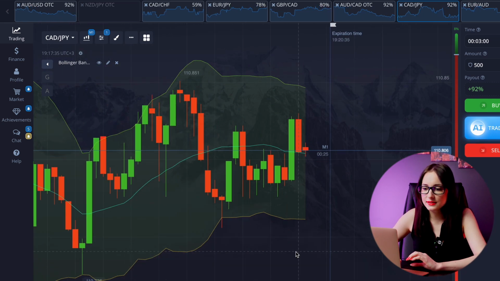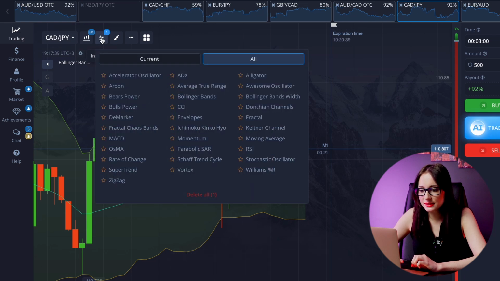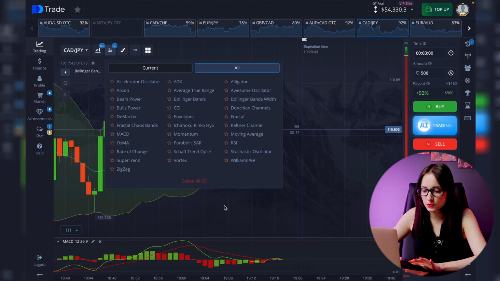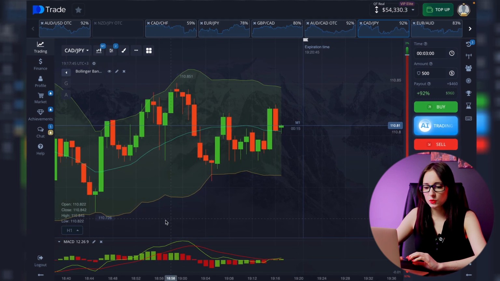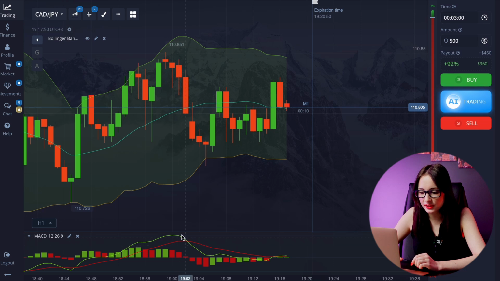Now I'm gonna add the MACD indicator, okay? MACD indicator, we can find it here, and we just leave it like that so we don't edit it. So what can we notice? Well, the MACD contains two lines, actually two different moving averages.